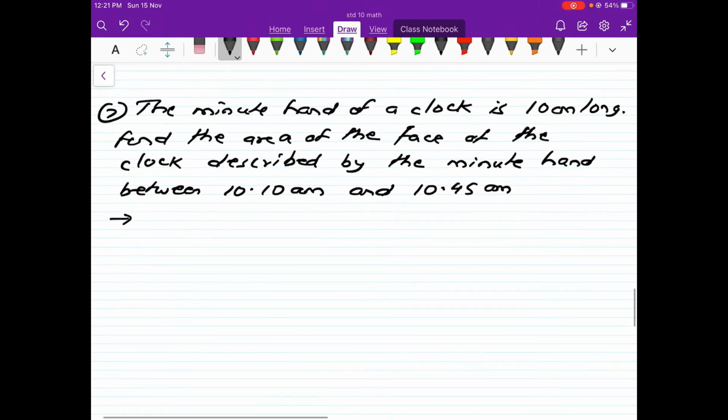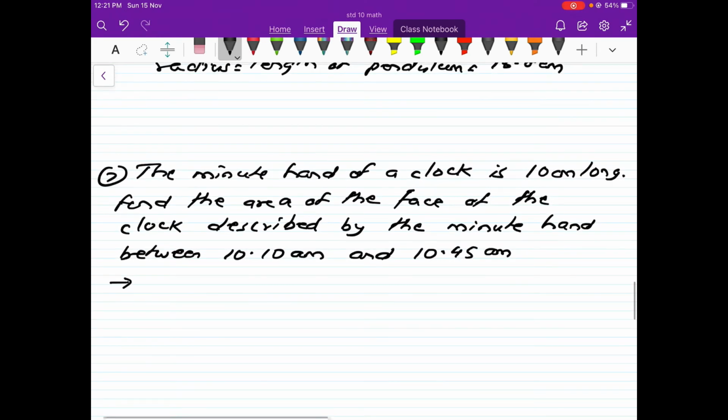We will go to the seventh sum. The minute hand of a clock is 10 centimeters long. Find the area of the face of the clock described by the minute hand between 10:10 and 10:45 am. So what we should do is, first we should know the angle described by each minute. Angle described by 1 minute, we know it is equal to 6 degrees.